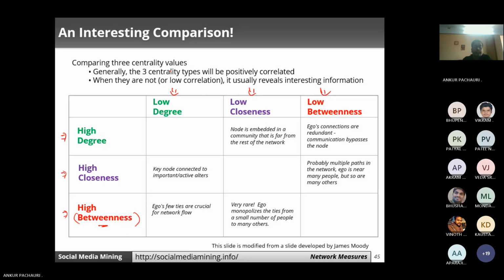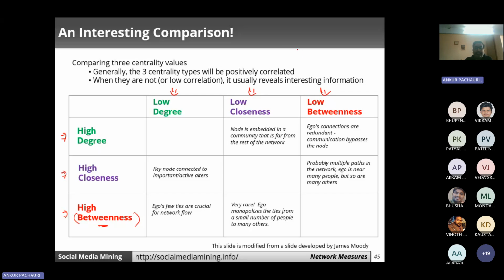Now, what is the physical interpretation of their different values? Either the degree centrality can be high, or those centrality measures can be low. What is the interpretation if a node has a high degree but low closeness?